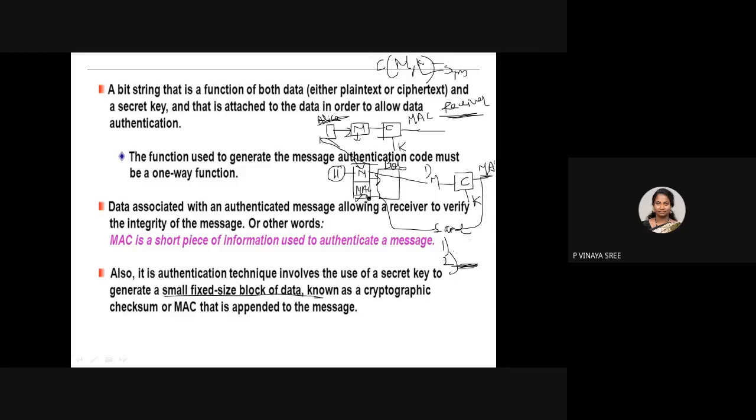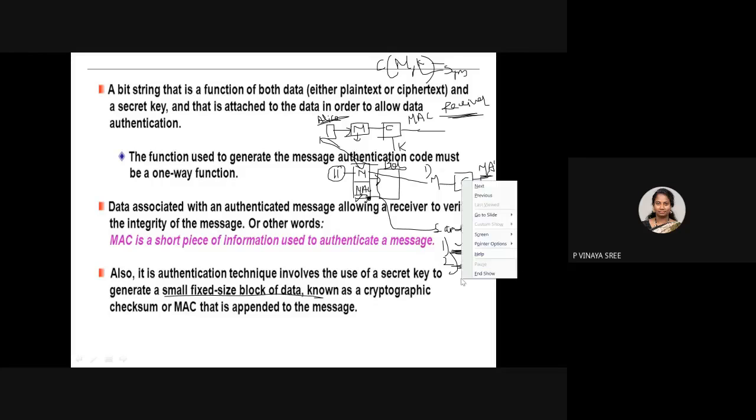Next is how Bob identifies that the message is from Alice. Because Bob can use this K, that indicates they are using the same K. The key K is only known by Alice and Bob. That means they are authorized persons. So authentication is being proven, and message integrity is being proven.